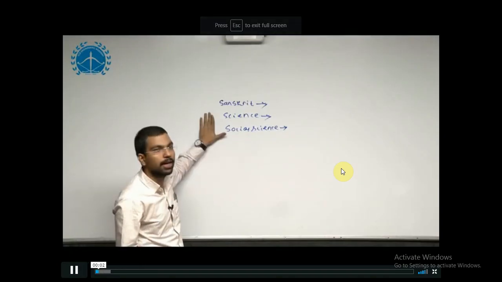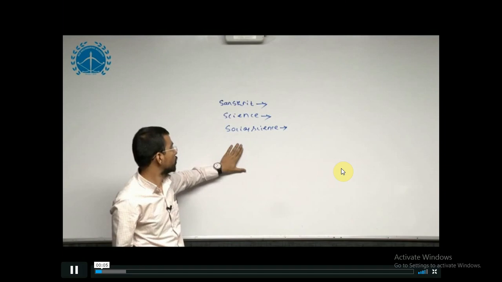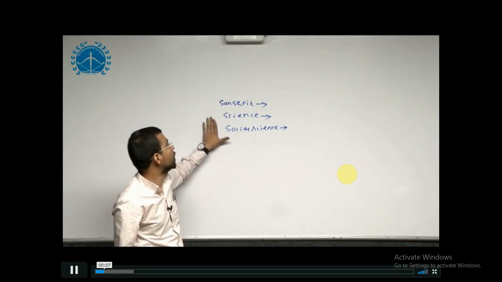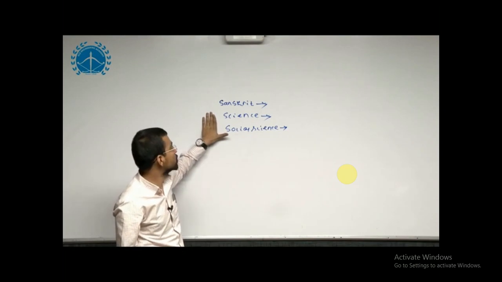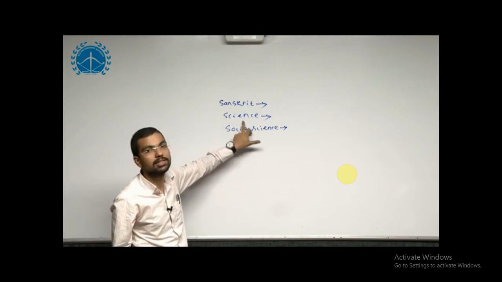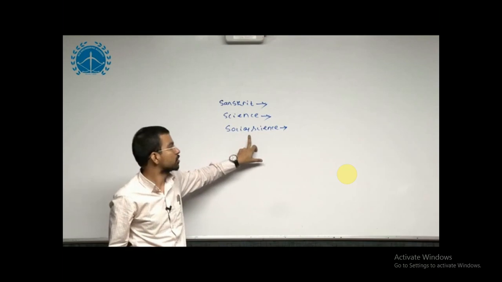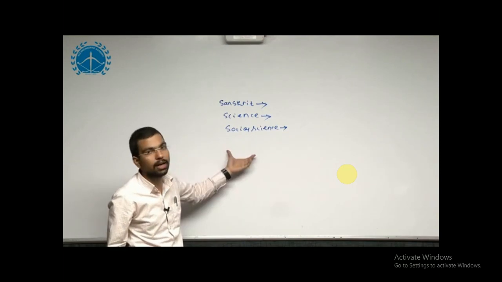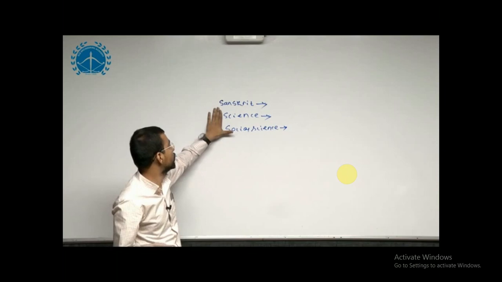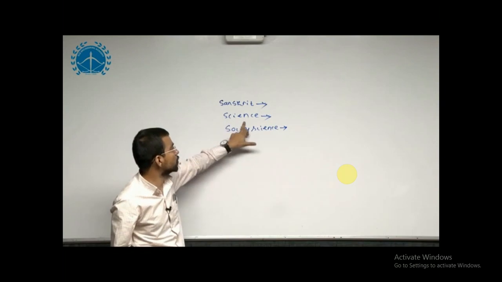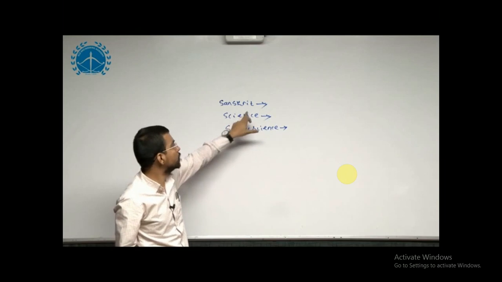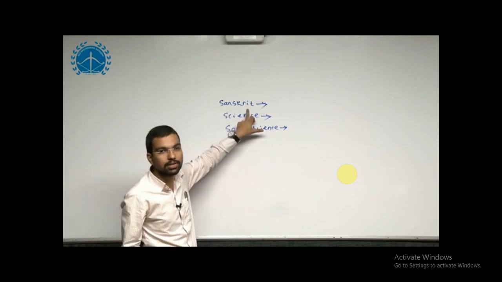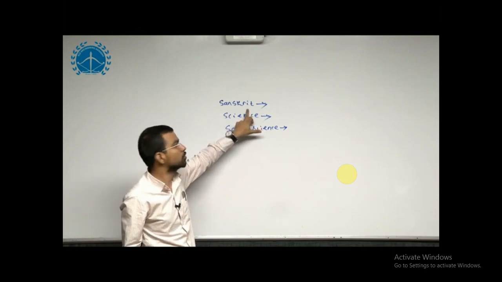Friends, this is a percentage based question. The question mentions that a person A is writing an exam, and when the result is announced, he scored some marks in Sanskrit, some marks in science, and some marks in social science. According to the question, person A scores 1.2 times the marks he scored in Sanskrit, so I need to take a reference, and the reference I am taking is the marks of Sanskrit.